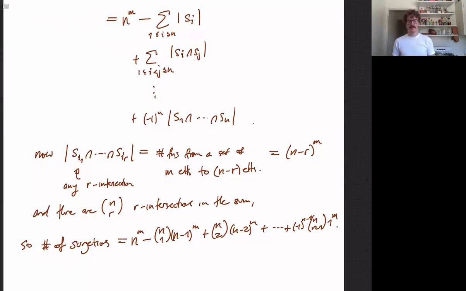So here we have an explicit formula for the number of surjections between two sets.